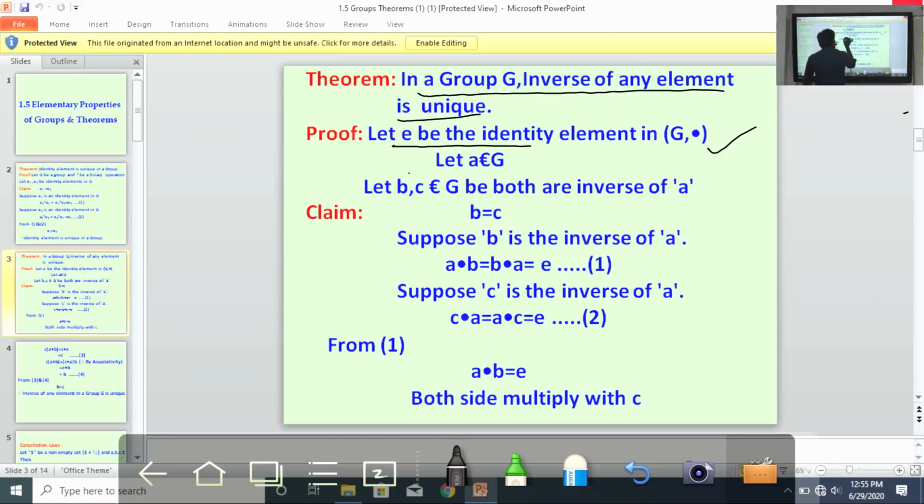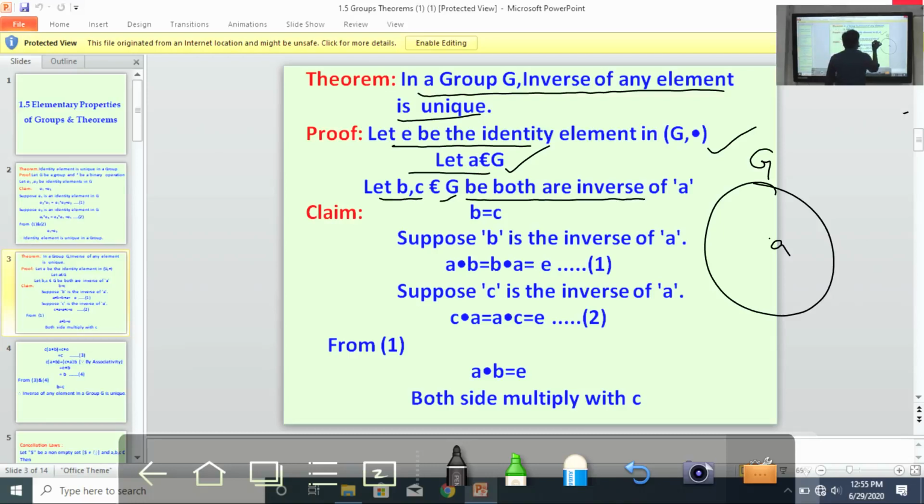Now I take an element A belongs to G. So now you find the inverse of A. The inverse of A is unique. Suppose B, C belong to G, both are inverses of A. What is our theorem? Inverse of any element is unique.